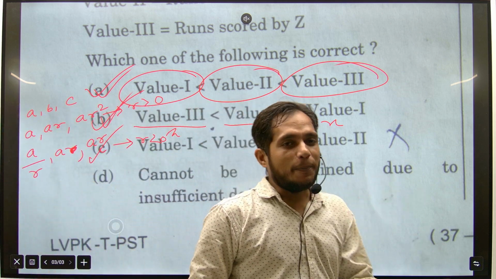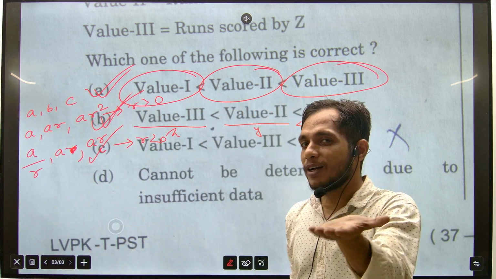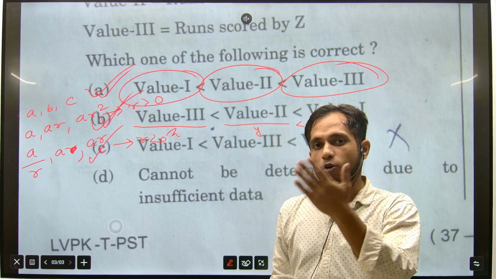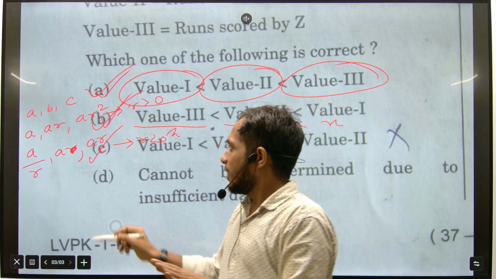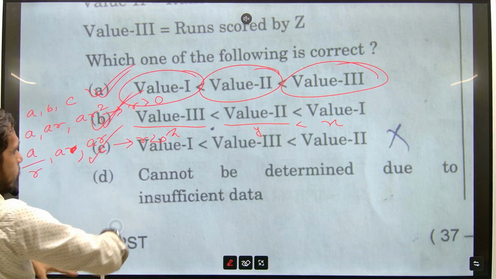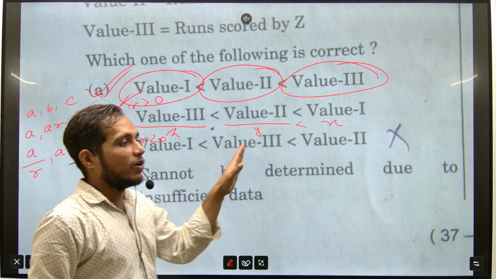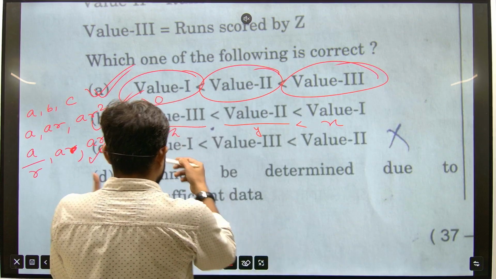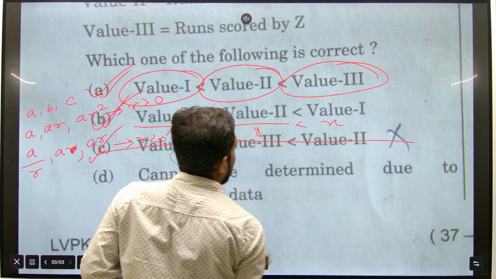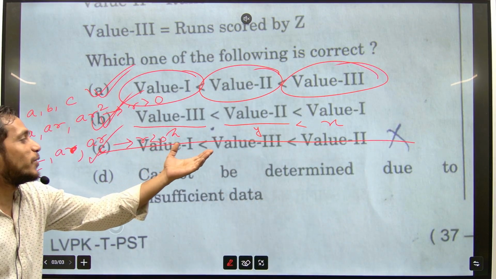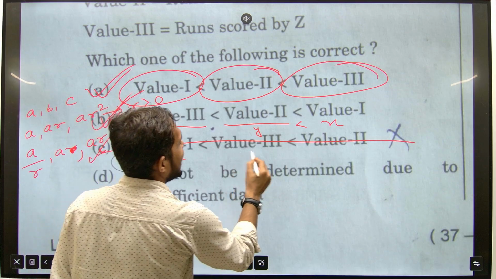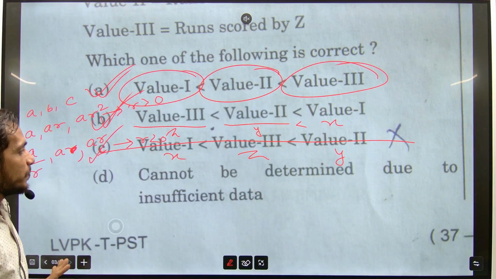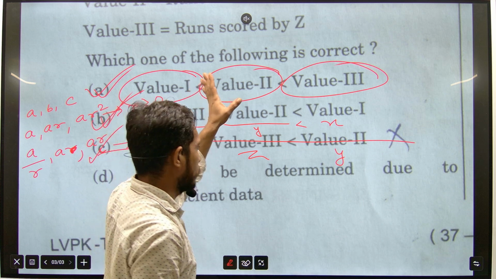Now, if it were provided that 1 and 2 both can be the answer, then that option would be correct. But here they have provided only 4 options, and they have never told us that options 1 and 2 both are correct. So we need not read these options, because this is X, this is Z, this is Y, which never forms a GP in this type of question.